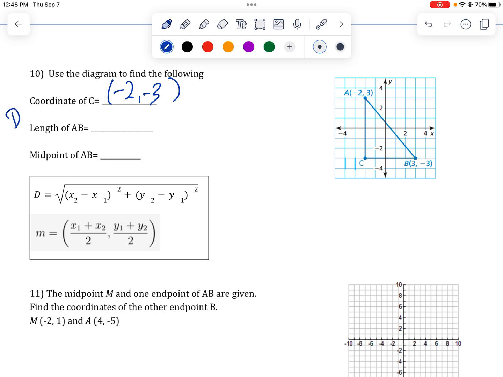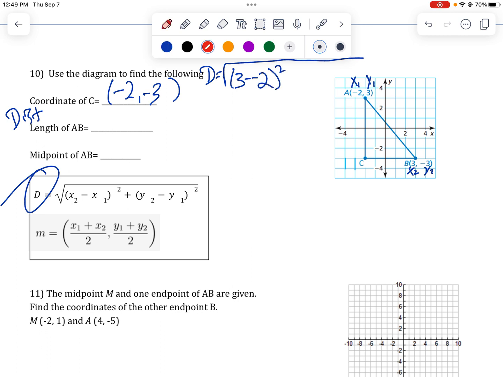That means I have to use the distance formula. Okay, remember to use the distance formula. That is this formula here. All right, AB, I'll call this X1, Y1, B, X2, Y2. Okay, so the distance between those 2 points, D equals square root of X2, which is 3, minus X1, which is -2, squared.